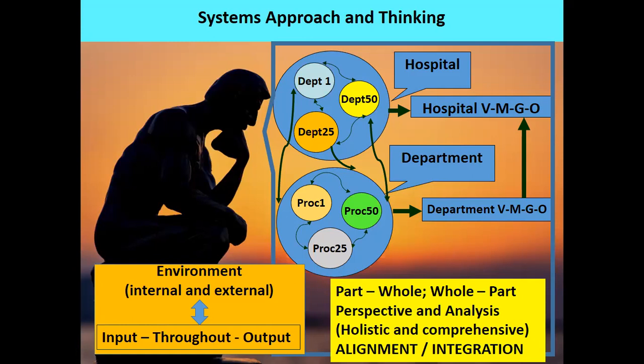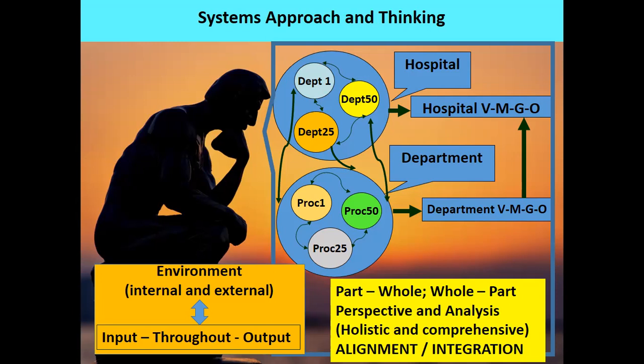So when planning and doing problem solving, all managers should have a perspective and analytic thinking that look at parts of the department simultaneously at the whole hospital and vice versa. So the approach should be holistic and comprehensive and systematic, using the input, throughput, and output processes that consider the external and internal environment.